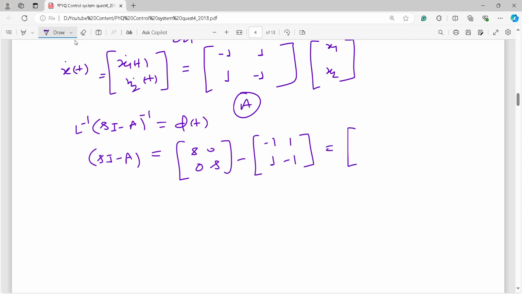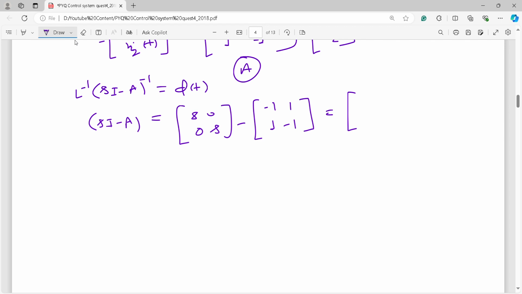Let me solve it. This is s plus 1, and this is -1, this is also -1, and this is s plus 1. Hope you understood.